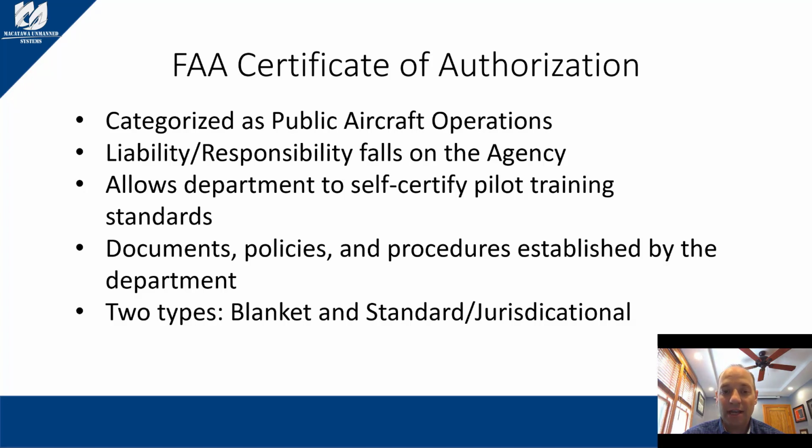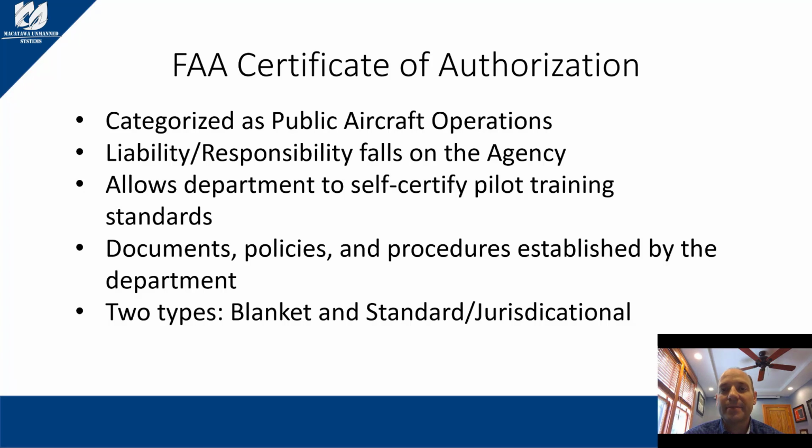And then there are actually three types. The two types here are the blanket and the standard or jurisdictional. What that means is the blanket gives you Class G authorization, as well as the ability to fly at night with certain training. And then the standard jurisdictional is getting approval by your local airspace authority to fly within that classified airspace.